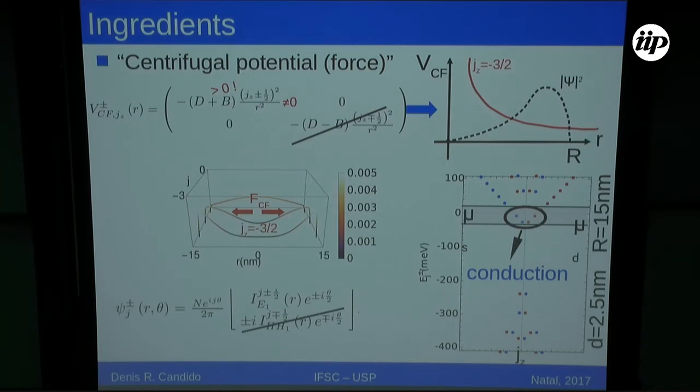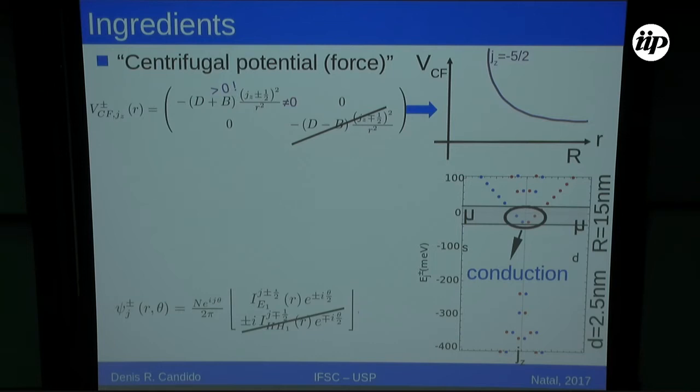It's really pushing the electrons to the edge. If I increase the centrifugal potential even more, by going to the next level, that is minus 5/2, I obtain an even larger potential, which makes my wave function more and more localized.